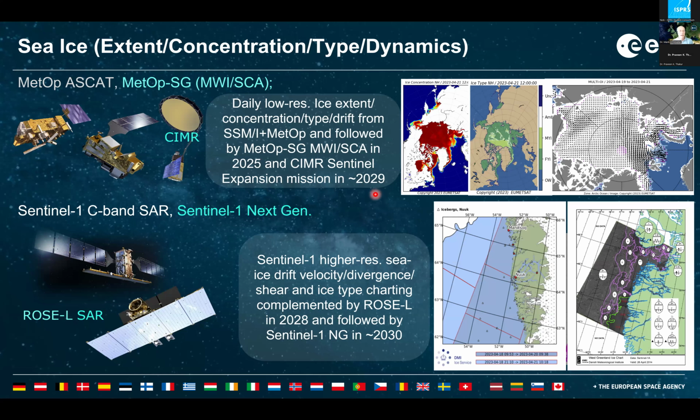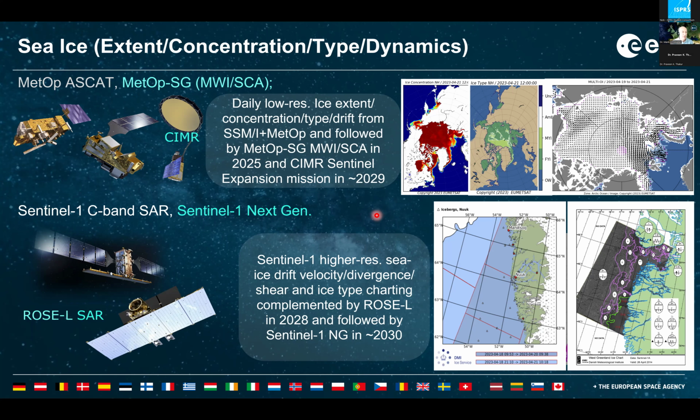These provide today daily low resolution ice extent, concentration, type, and drift from the combination of SSMI and METOP. And in the future, we'll use the second generation METOP satellite instruments together with the Sentinel expansion CIMR mission from 2029 onwards to provide continuity in these data.